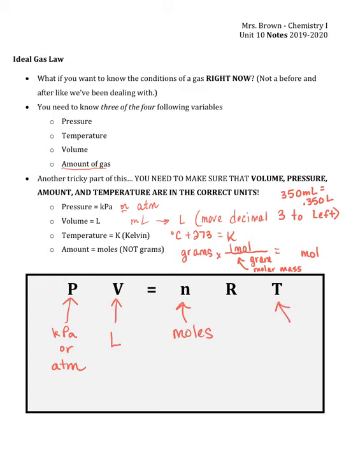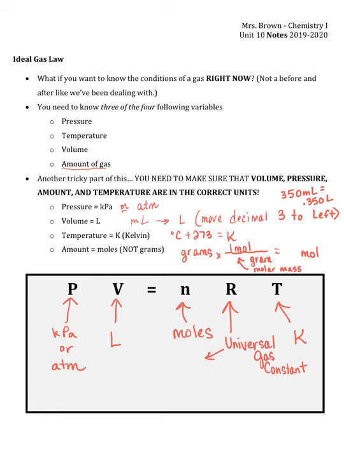And T has to be in Kelvin. So what about that R value? R is what's called the universal gas constant. And it is what pulls all of these other variables together and relates them.